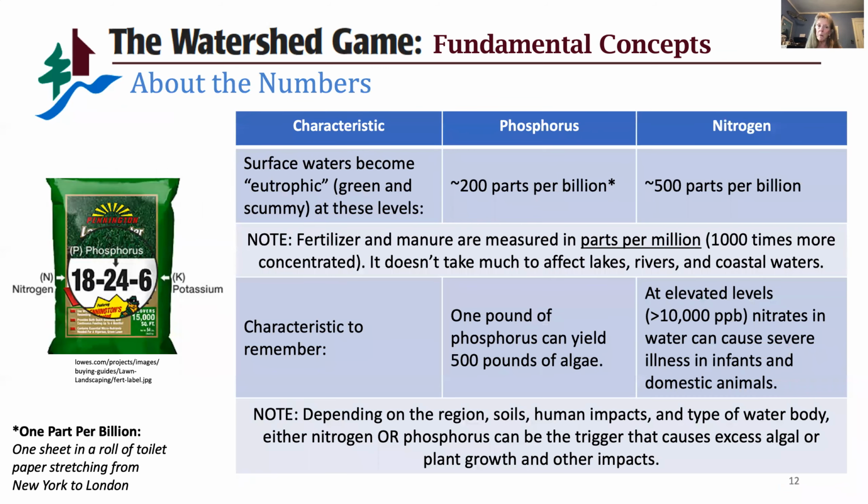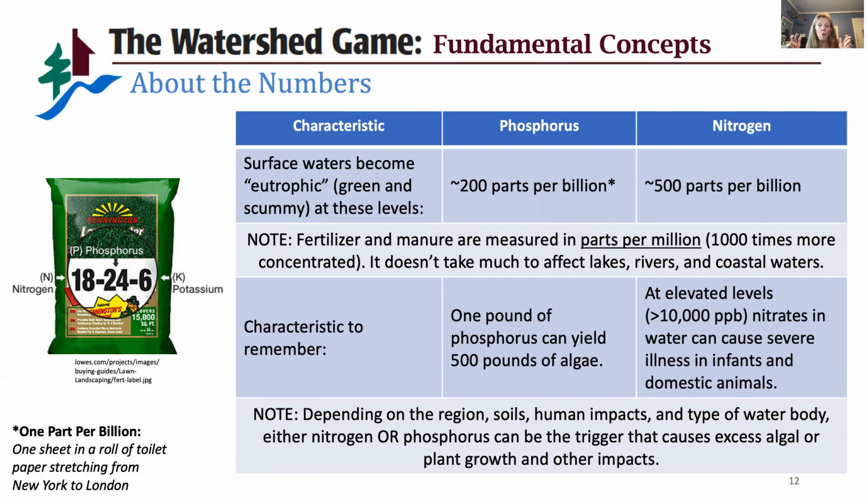So a little bit more about the numbers. When we talk about lakes, for example, we talk about how productive they are, in the sense that the more nutrients coming in, the more they can grow in terms of plant matter, which then supports more aquatic insects, invertebrates, and fish. And also how green and scummy the lakes are.